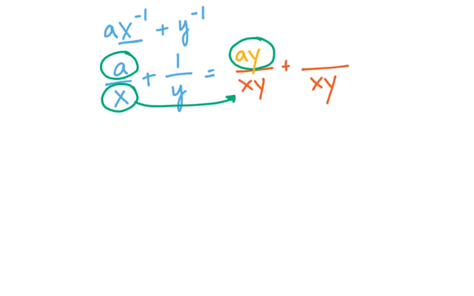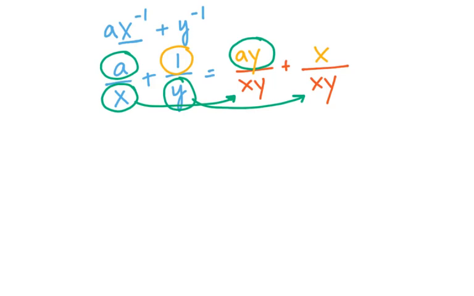Then for the second one, I'm going to look at y and think, what did that need to multiply to become xy? It needed to multiply by an x. So that's what I'm going to multiply my 1 by to get my new numerator here. So that's how I made all the decisions for how I transformed those fractions.